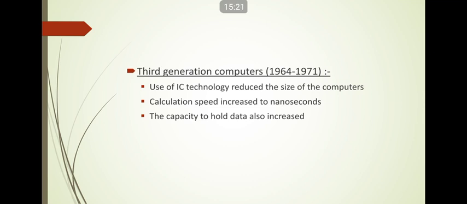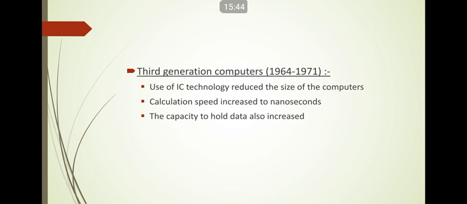What is IC? IC means integrated circuit. The full form of IC is integrated circuit. So an integrated circuit is, you can say, a small chip kind of thing, which reduced the size of the computer too much.